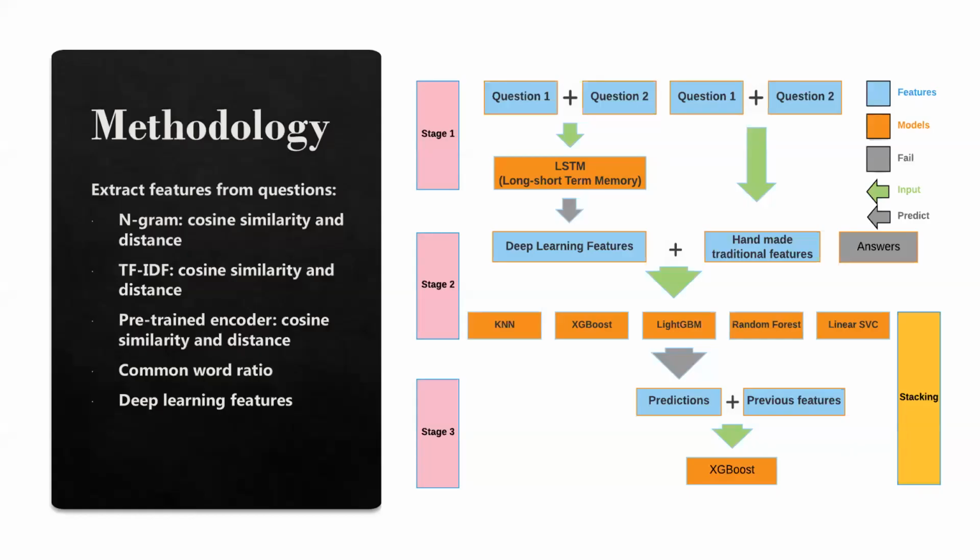And then here comes the methodology part. The first challenge of my project is to extract features from the question text. First, I convert the text to vectors by n-grams, TF-IDF, and pre-trained encoders. The n-grams and TF-IDF are very familiar. One of the basic encoders is bag of words, where each word in the vocabulary is a dimension and the frequency of the word is the value in that dimension.